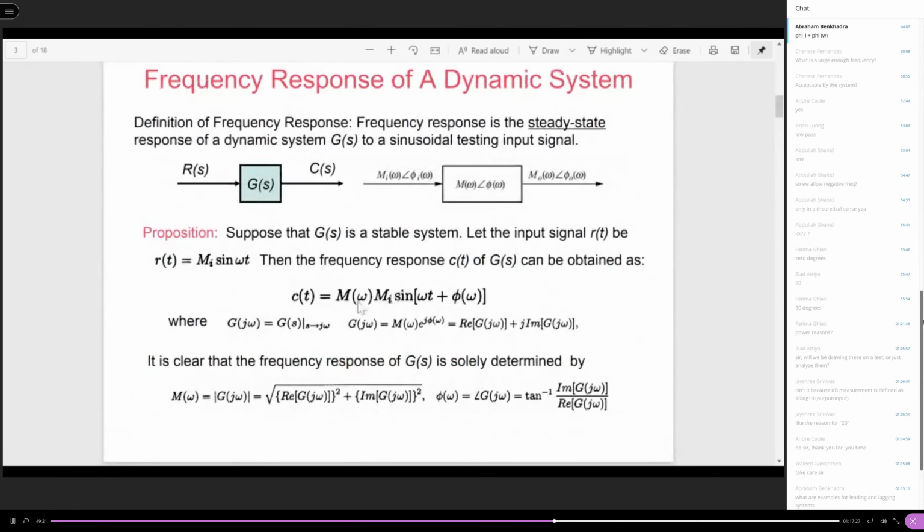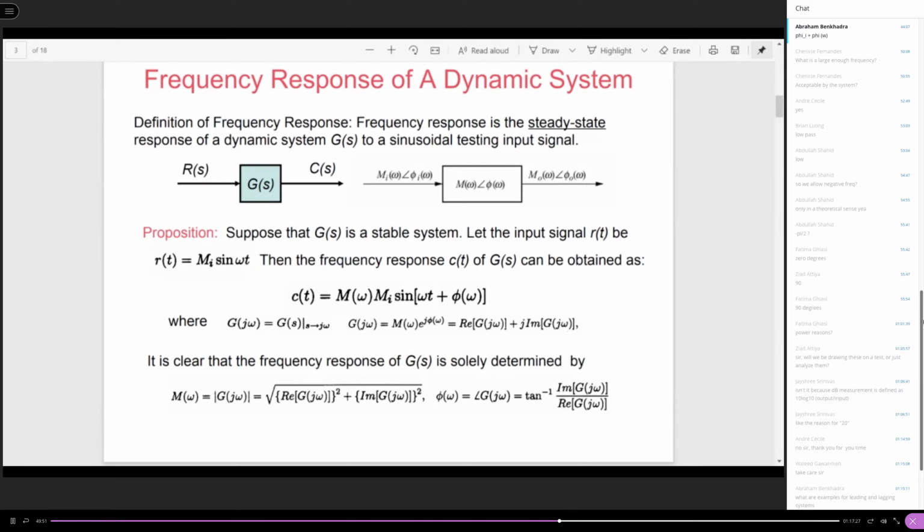If we go back and look here, M of omega is equal to 0 when omega is equal to infinity. What is the magnitude of the response signal? 0. In other words, if you test the system, assume you can really generate a frequency equal to infinity.